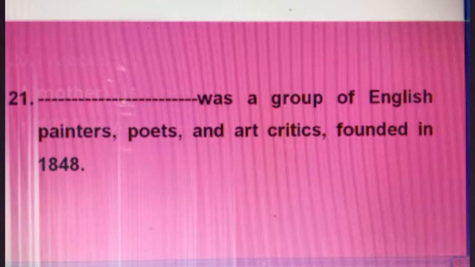Dash was a group of English painters, poets, and art critics founded in 1848.